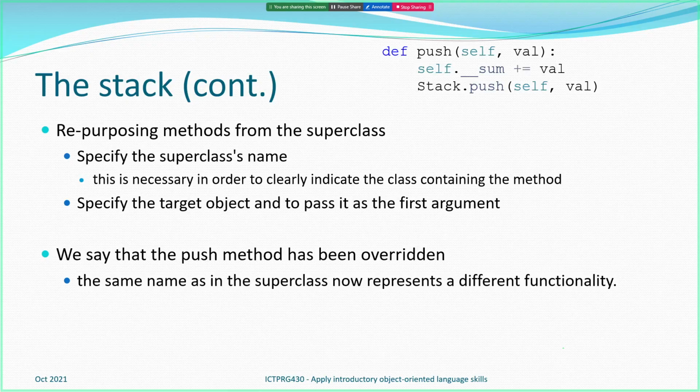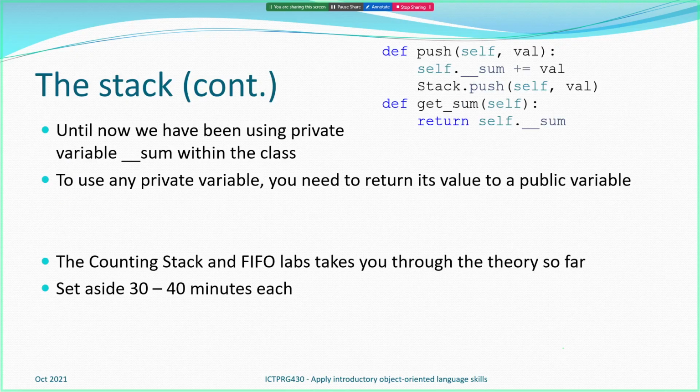But what we've done is redefine this so that each time the subclass wants to use a push, it's doing an extra step while adding up the sums as it's running through.